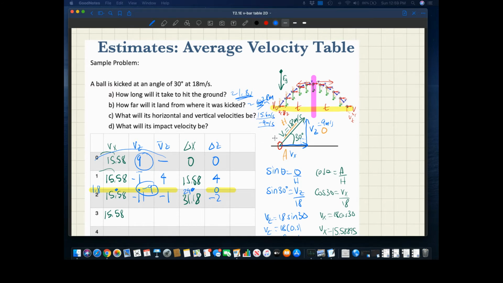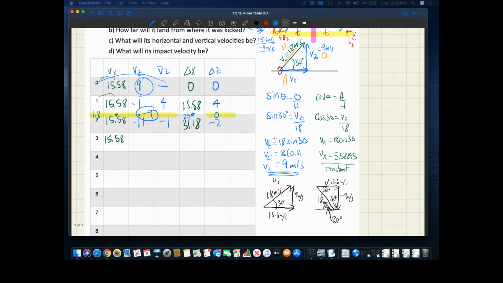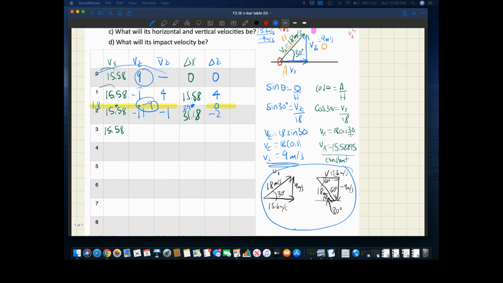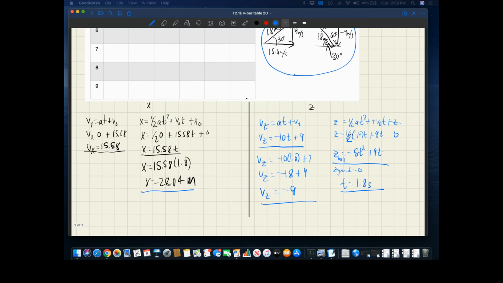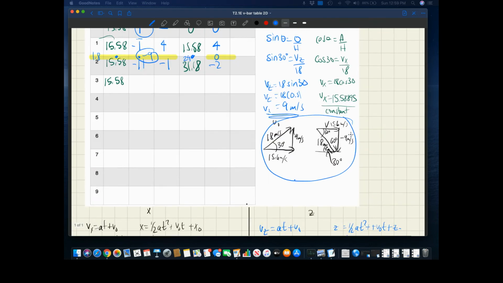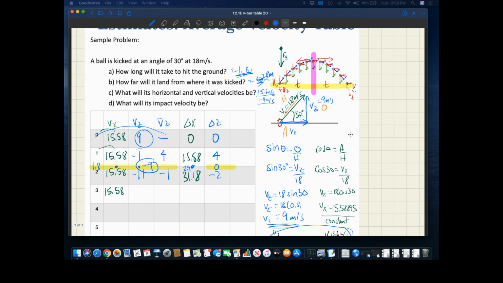And the ultimate impact velocity should be 18 because the components are the same. So we don't actually have to do a calculation for that because the concepts tell us exactly what should happen with that impact velocity. So that is how we would solve a two-dimensional projectile problem shot from ground level and returning to ground level.